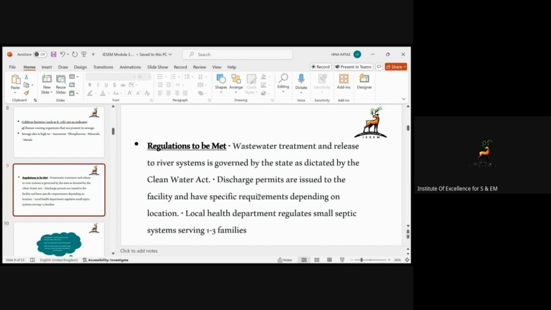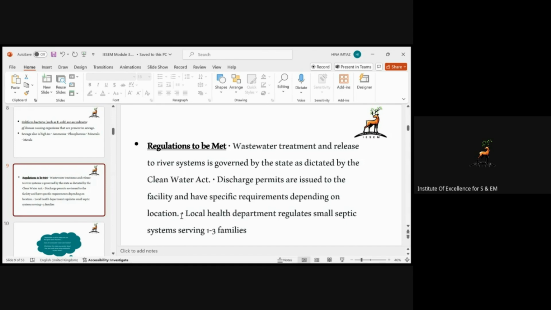Second, discharge permits are issued to the facility and have specific requirements depending on the location. Ideally, you should not install any kind of industry in a residential area, because the residents and the local people will be affected by the smoke and by the discharge of that wastewater.